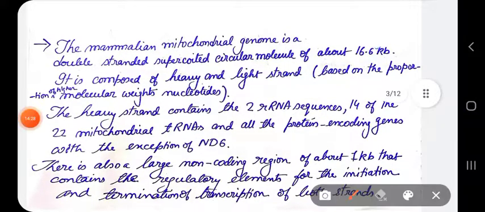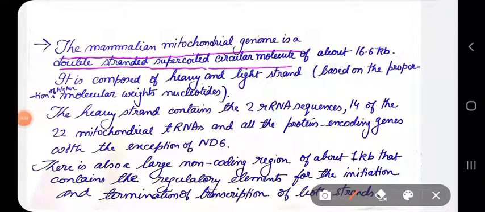The mammalian mitochondrial genome is a double-stranded supercoiled circular molecule with a length of about 16.6 kilobase pairs. Normally, the mammalian mitochondrial genome is composed of a heavy strand and a light strand.